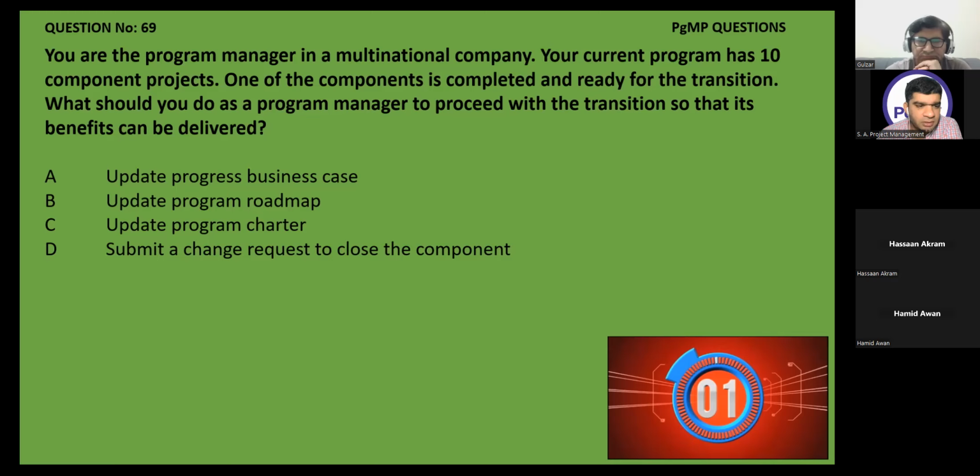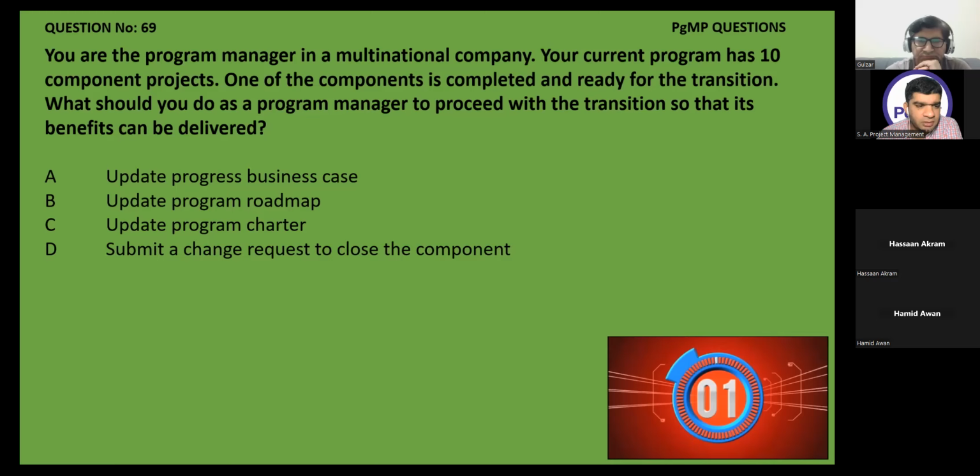Submit a change request to close the component, because that is where an action is mentioned which will close the project and deliver the benefits to the organization. But why do you need a change request? You always have to submit a change request to close something, because you need the PMO to agree with it to deliver the benefits.